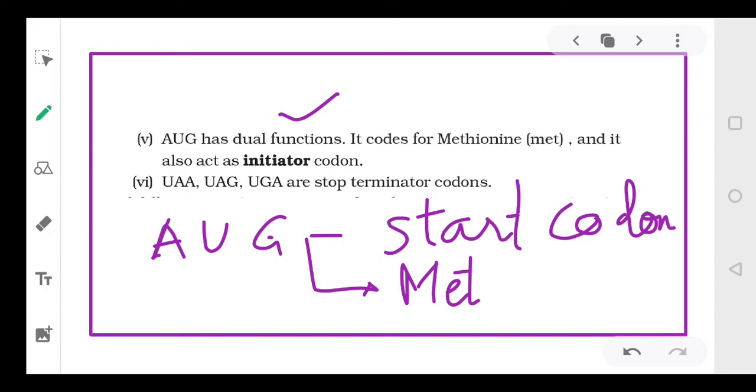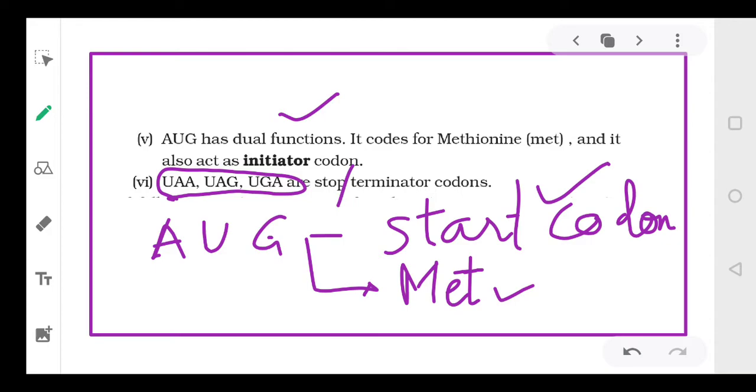So AUG has dual functions, meaning it performs two functions: first, it acts as a starting codon, and secondly, it codes for amino acid methionine. The three codons which do not produce any amino acids are called stop codons or terminator codons. They are UAA, UAG and UGA.